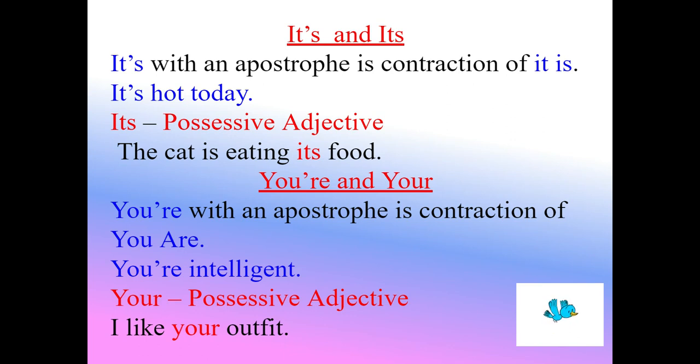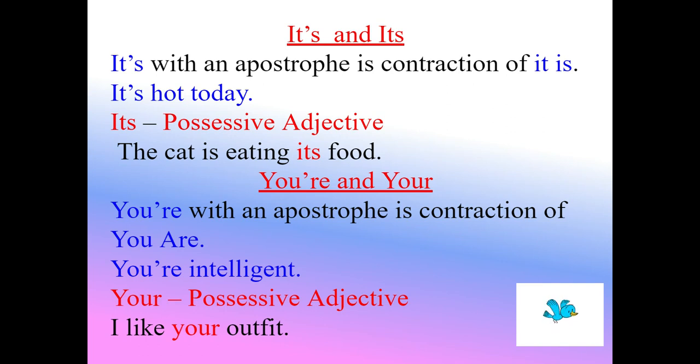You're and your. You're with an apostrophe is the contraction of you are. You are intelligent. You are smart. You all are very smart. And when we talk about your in the possessive adjective, that will be, I like your outfit.